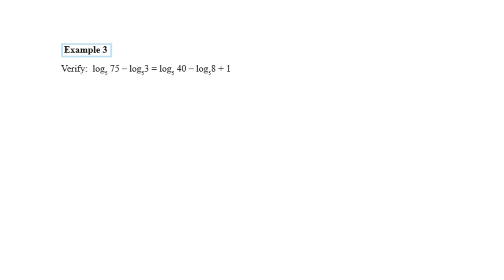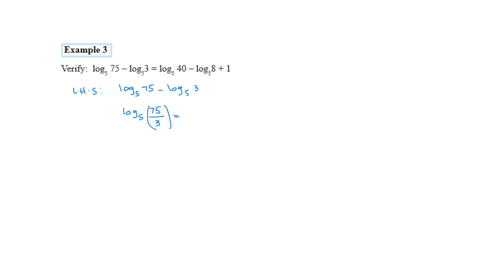Take the left hand side: log base 5 of 75 minus log base 5 of 3. The base is 5 here. So log base 5 of 75, and since you have minus, you have to divide by 3.